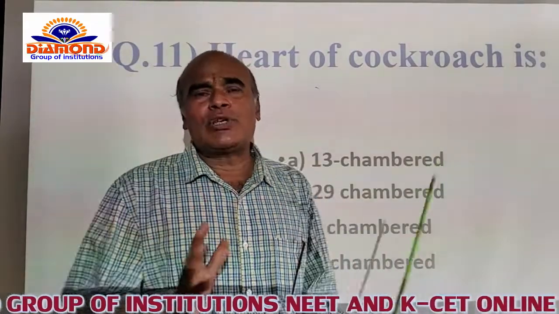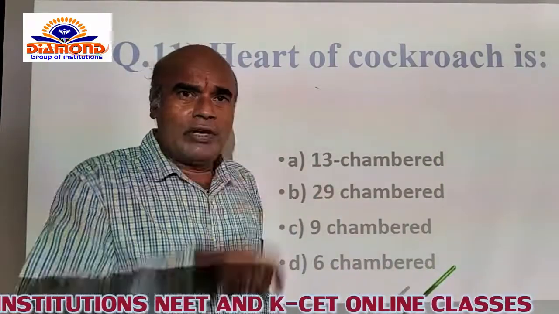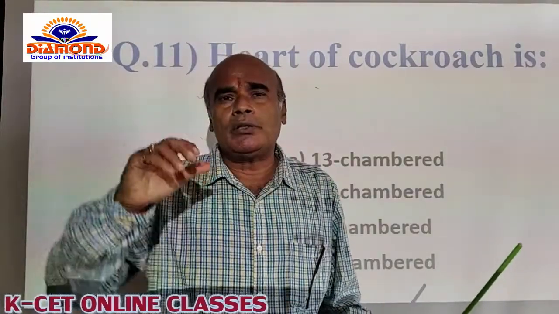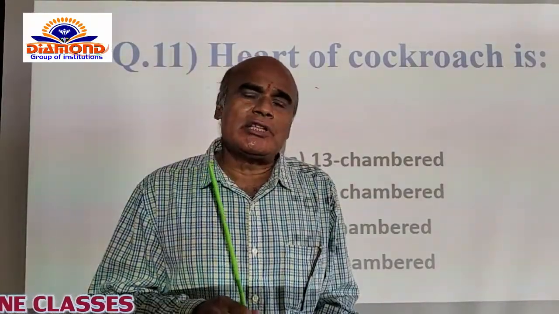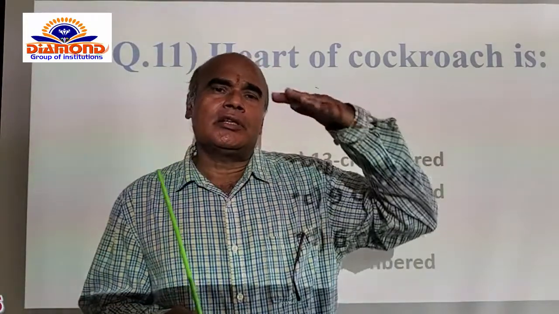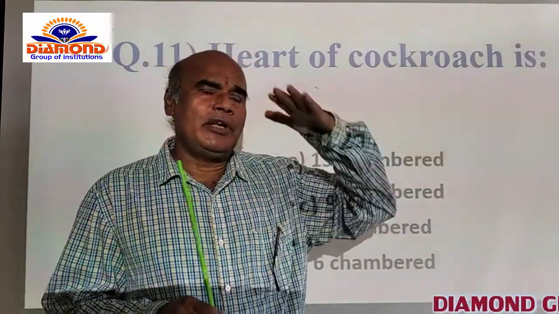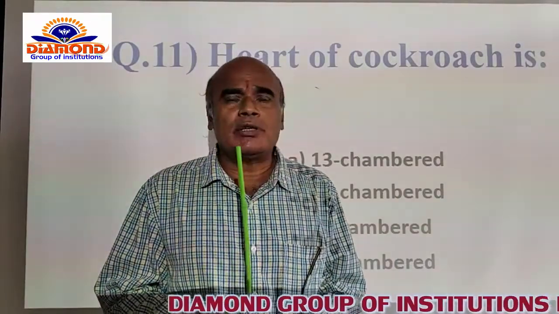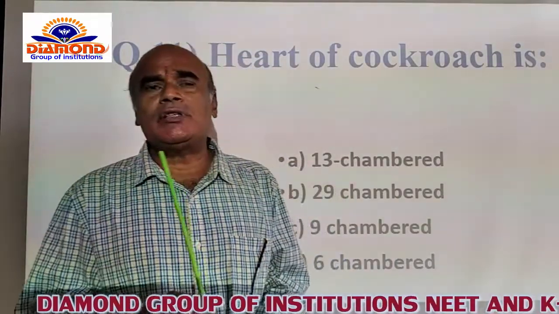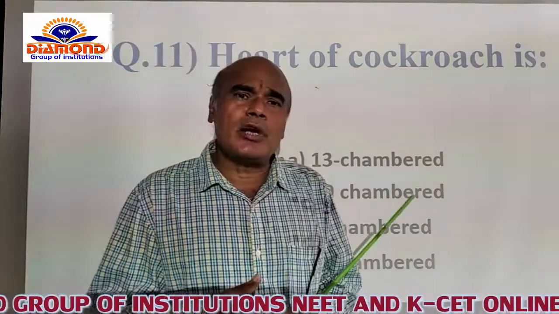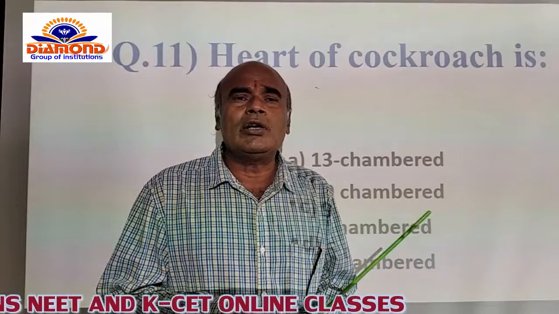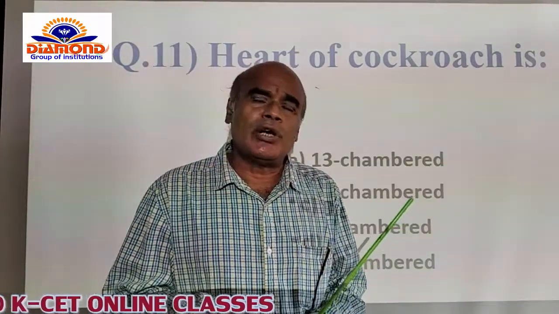Here, uniquely, all the way from the thoracic region to the abdominal part, 13 segments are present, and each chamber of the heart is situated in the thoracic and abdominal parts. Only one blood vessel is associated with the 13-chambered heart or open circulatory system of the cockroach, which is called the anterior aorta itself.